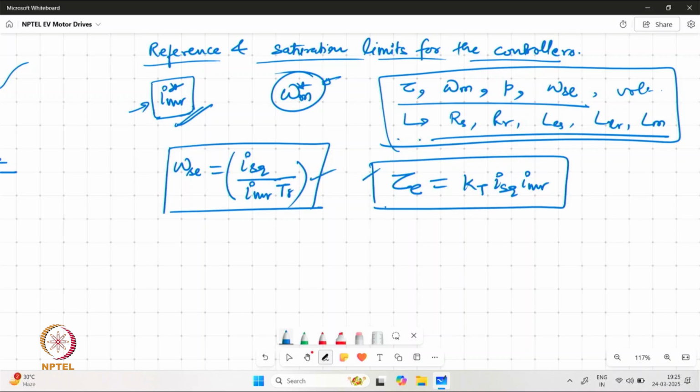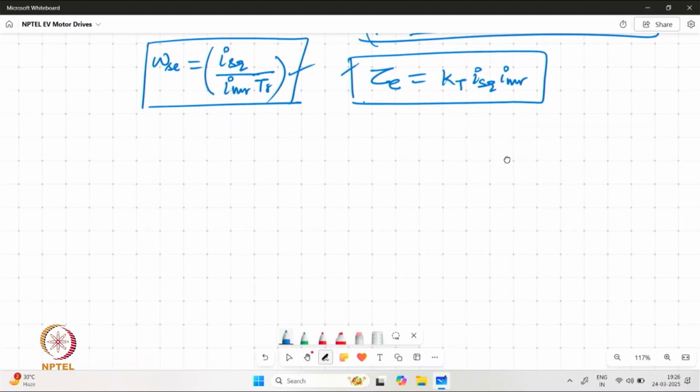So we can use this information and the nameplate rating to compute the rated values of ISQ and IMR for the machine. We can plug in the value of ISQ from this equation into the omega slip equation over here, or vice versa.